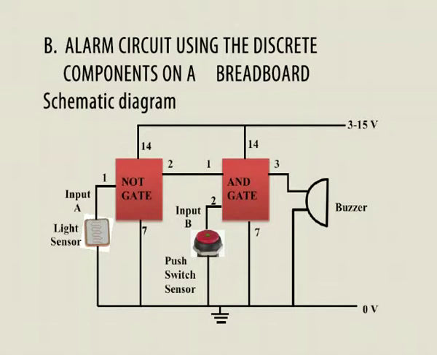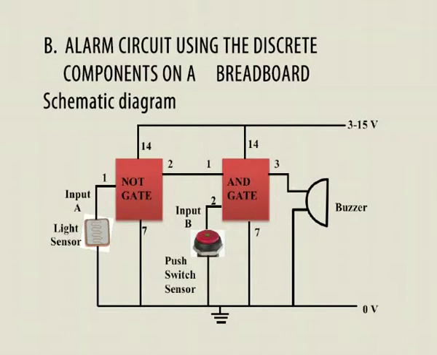On your screen is a schematic diagram of how the circuit will look if we use discrete components on a breadboard. As you can see on your screen, we have two gates, the NOT gate and the AND gate, which we are going to use.